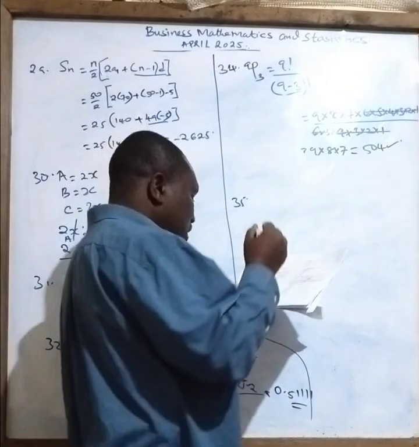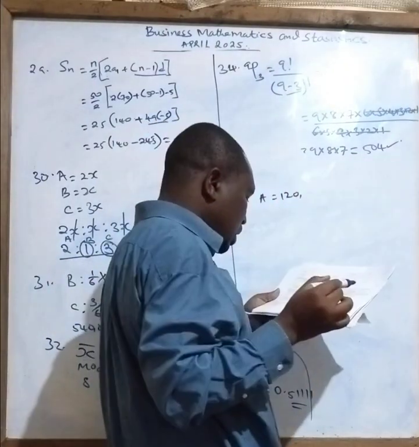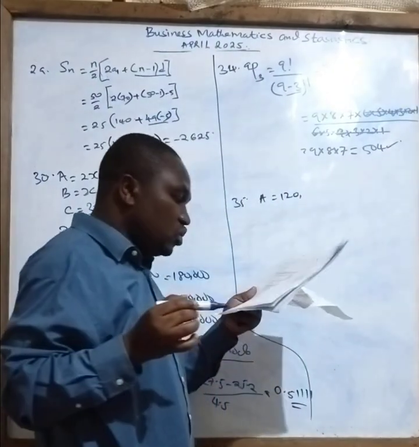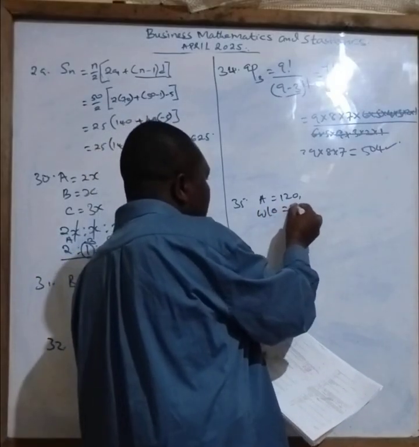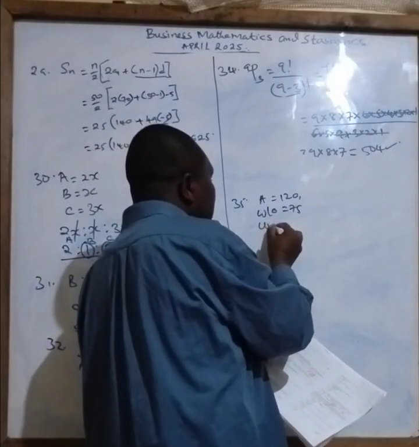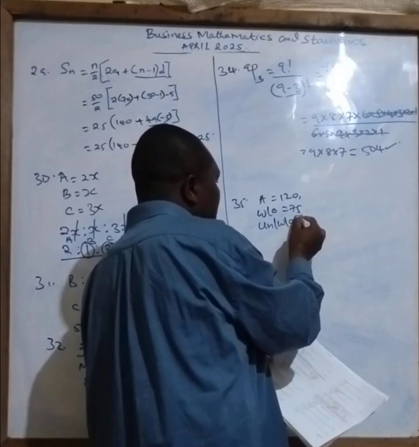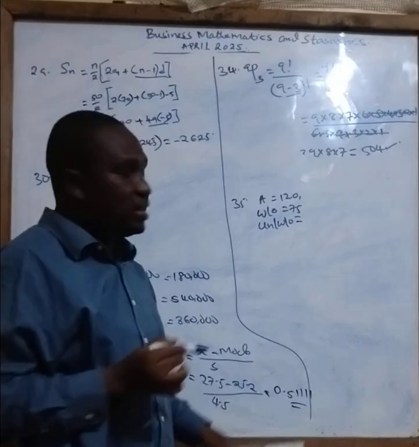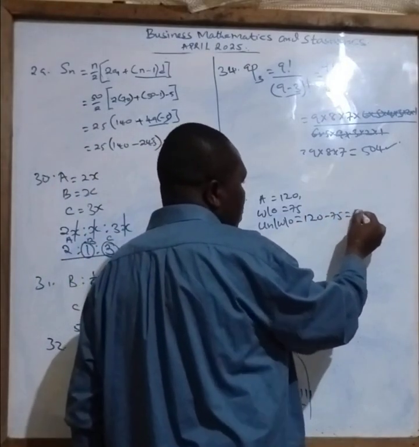First, we have been given the total amount, which is 120. Then 75 accounts were written off. How much is not written off, class? It will be 120 minus 75, which gives you 45.